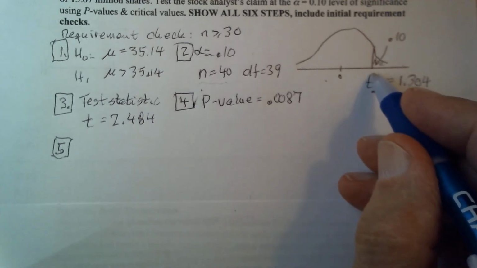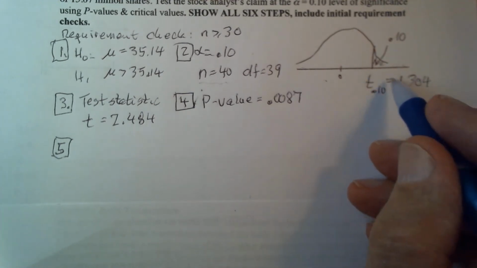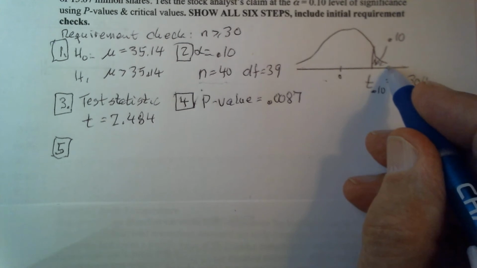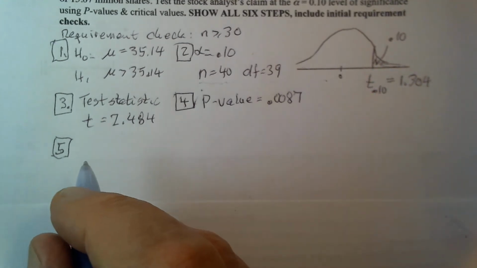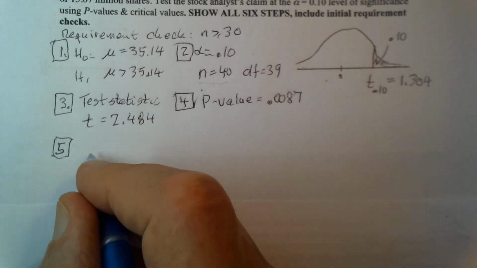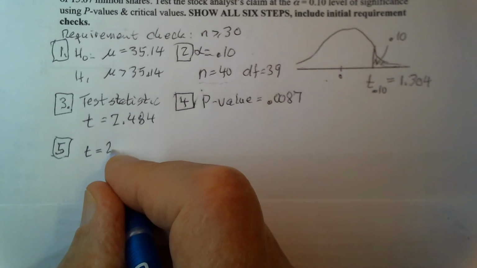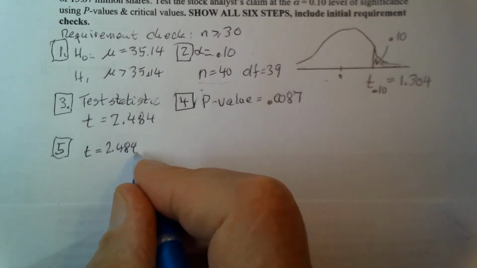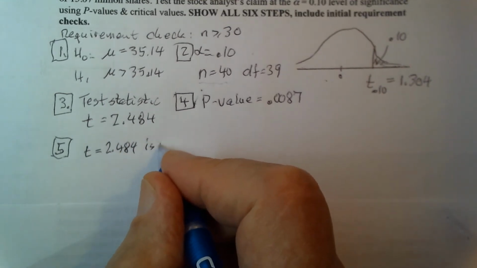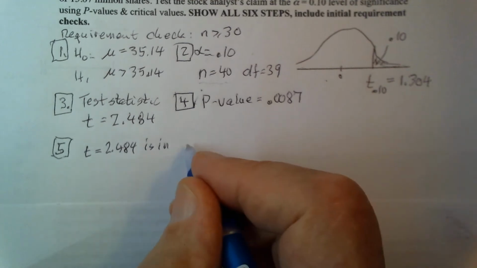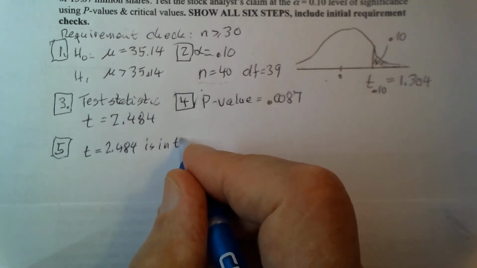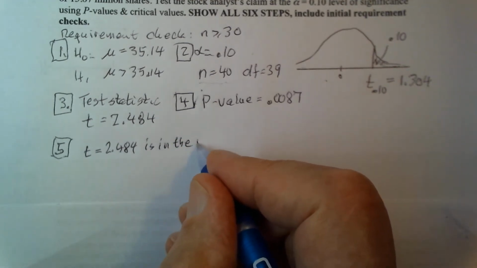Well, here's 1.304, so 2.484 would be to the right of it, so it would be in the rejection region. The test statistic, 2.484, is in the rejection region.